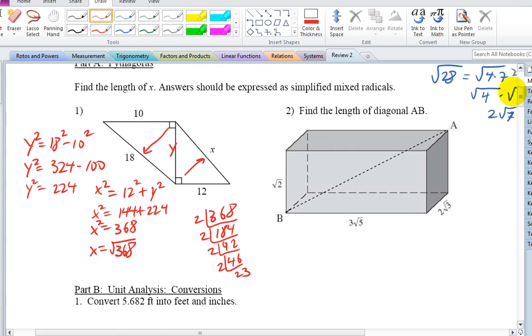So because I'm square rooting, I'm looking for pairs. There's a pair, there's a pair, and so my answer x equals 2 times 2 times root 23, 4 root 23. Okay, so I'm showing lots of work for you.